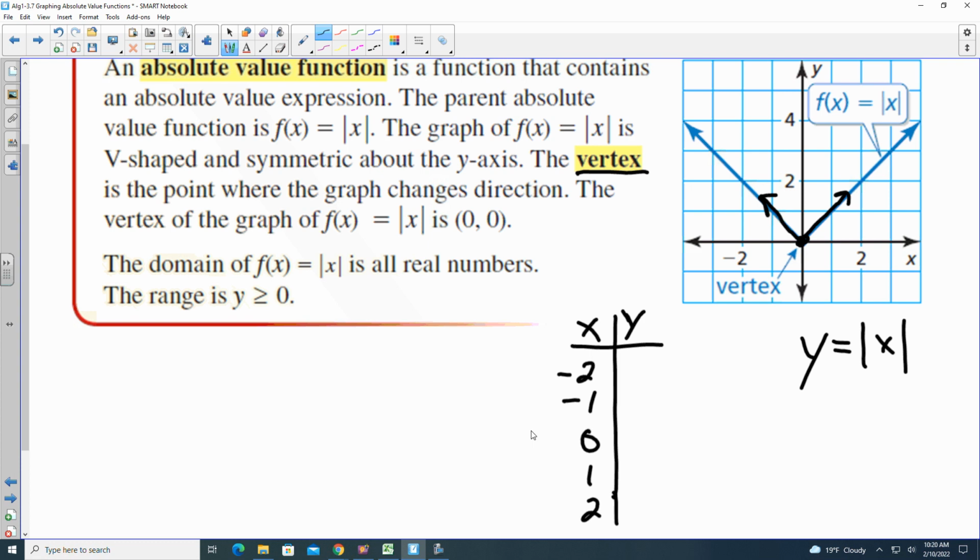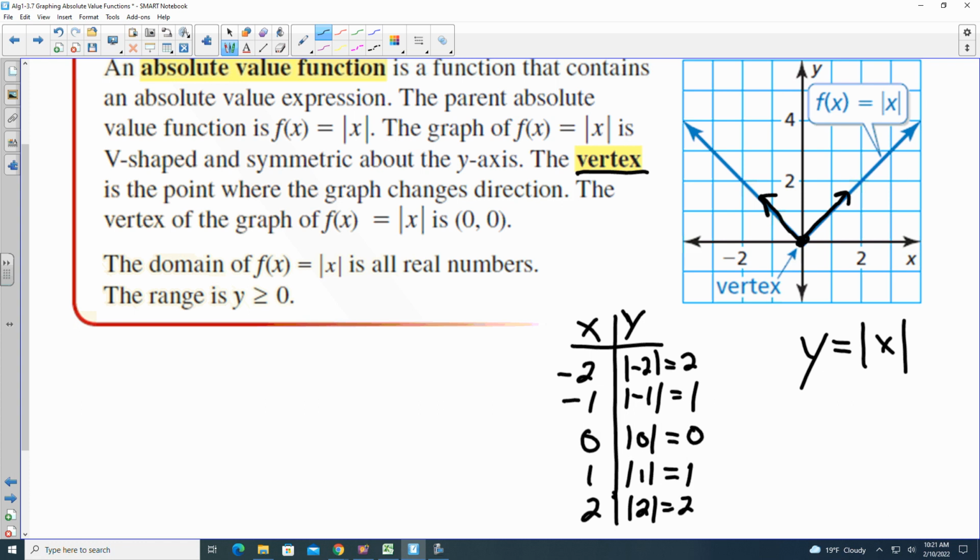And I placed them into the equation or function. So the absolute value of -2, we know it's going to be positive, so that's 2. Absolute value of -1 is going to be +1. Absolute value of 0 is 0. Absolute value of 1 equals 1. And absolute value of 2 equals 2.